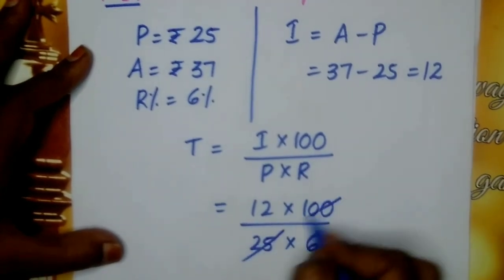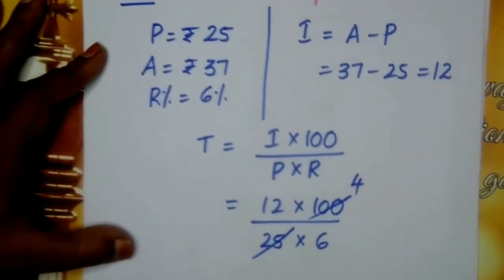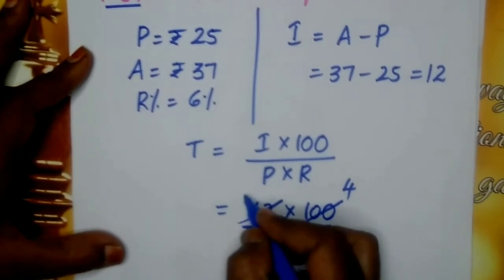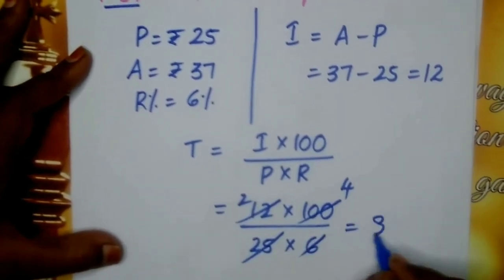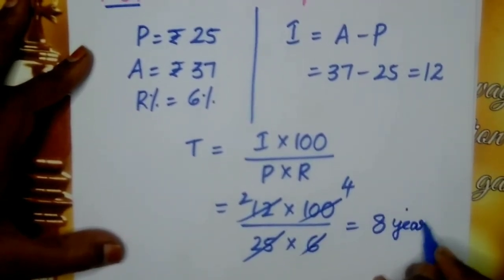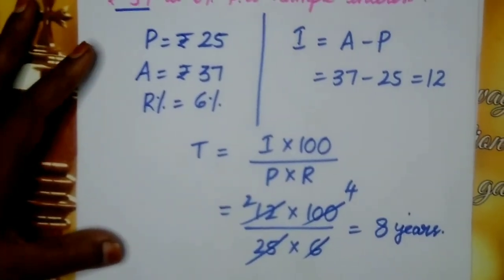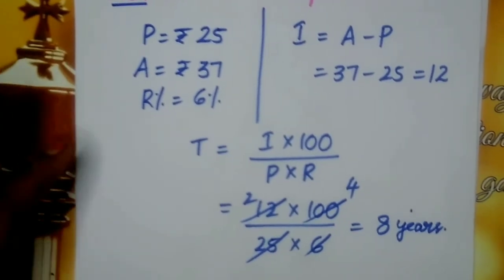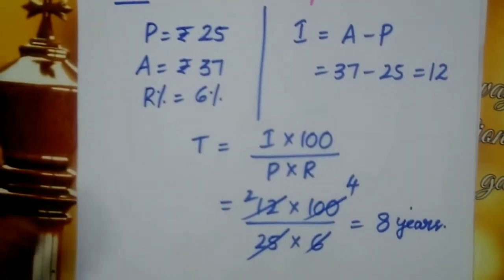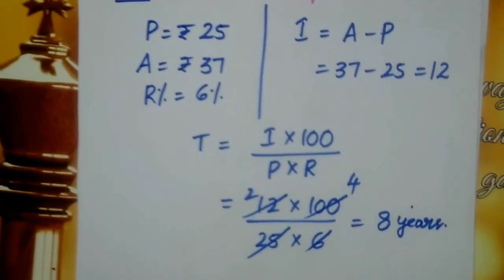Now 25 fours are 100 and 6 twos are 12. So 2 fours are 8 years. Always time will be in years only. So the time here is 8 years. After 8 years, the principal 25 rupees becomes 37. So this is the required time.